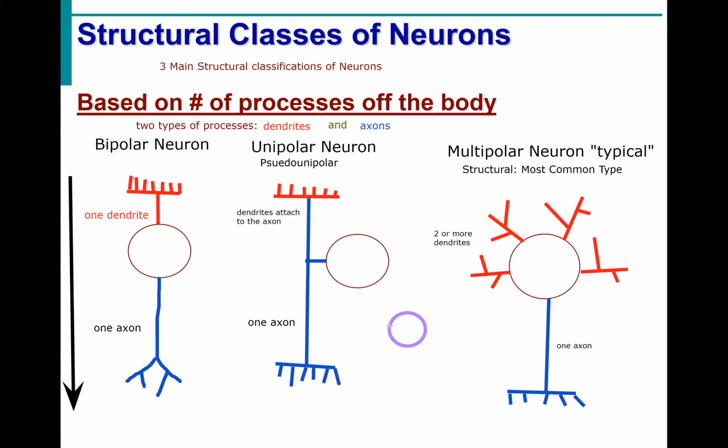What actually happens is it has two axons that grow out of it. One grows one way and the other grows another. And eventually, as it matures and grows, these two branches grow together and become a single structure. So technically it was two processes that started out that became one.